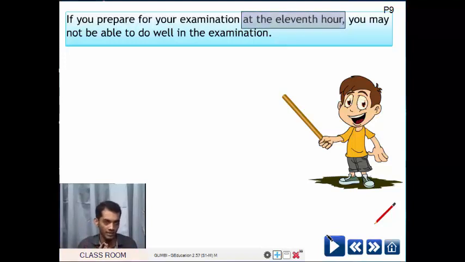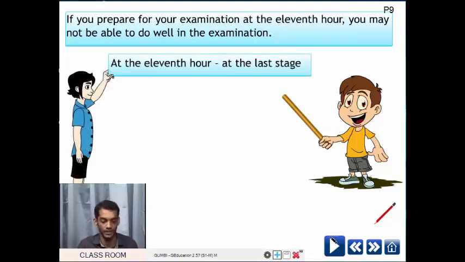What does it mean? Last minute. Very good. At the 11th hour means at the last stage. So never prepare for your examination at the 11th hour. If you prepare it, you may not be able to do well in the examination. Understood? Okay.